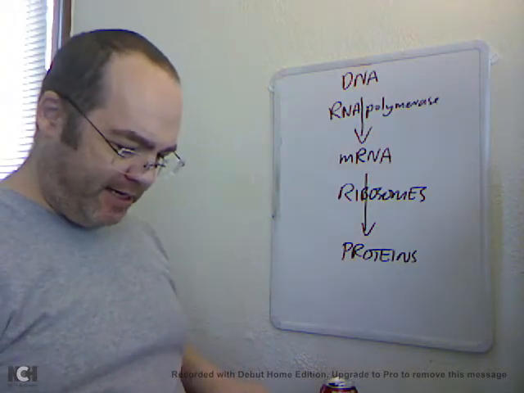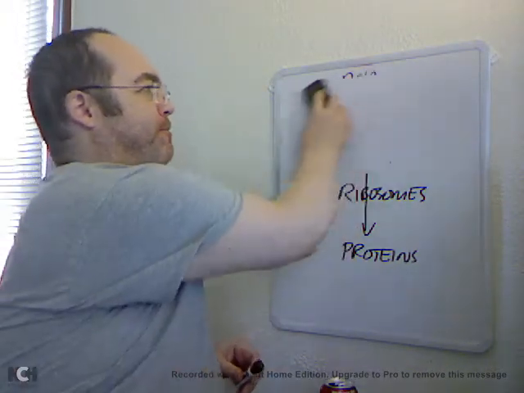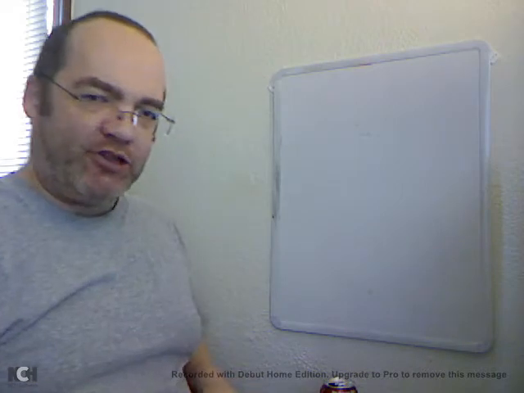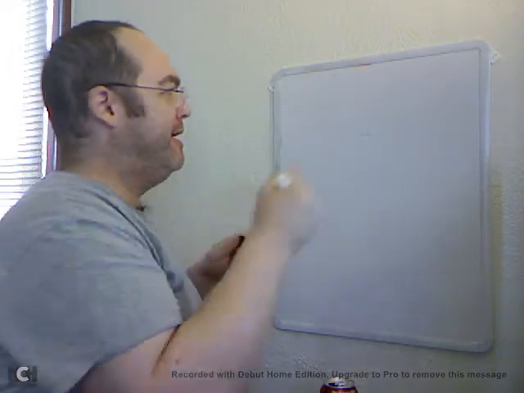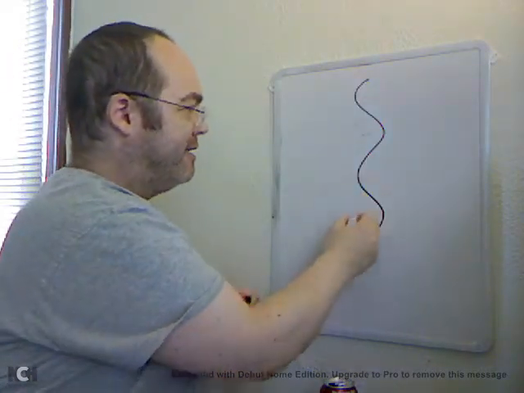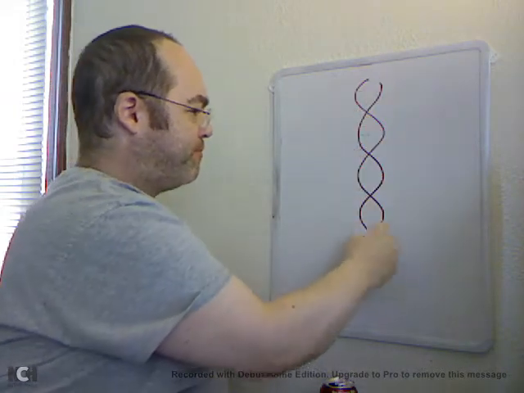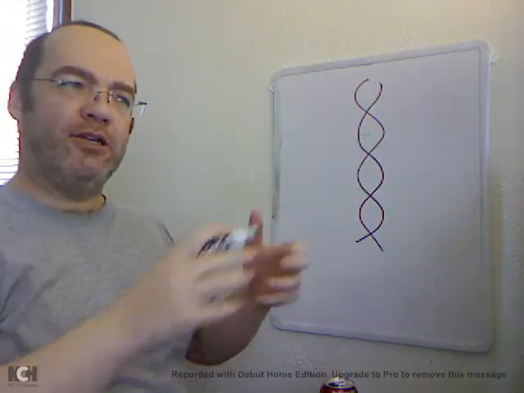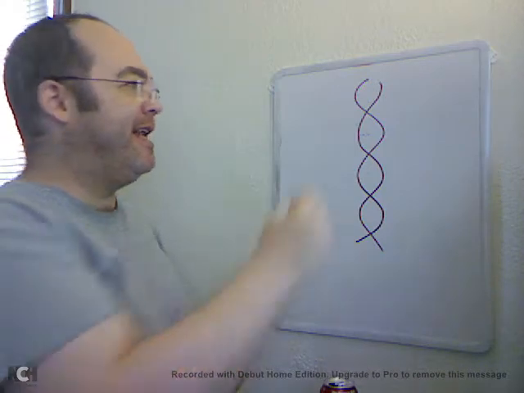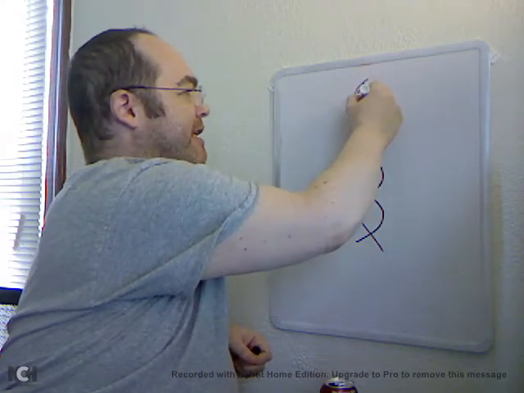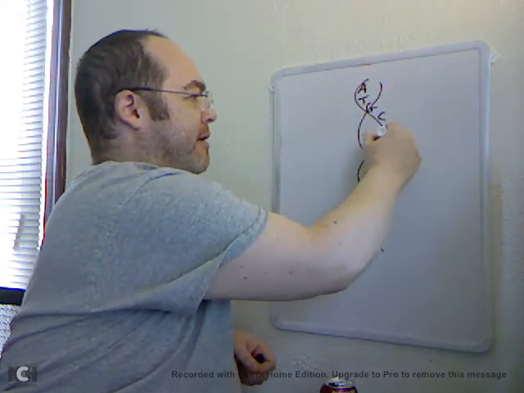So let's take a look at our DNA structure. DNA structure, as we may know, is a double helix, and on each strand of our DNA there are the A's, the T's, the G's and the C's.